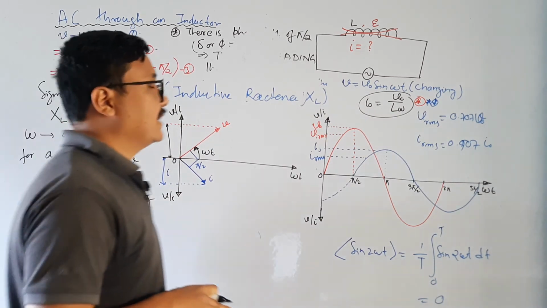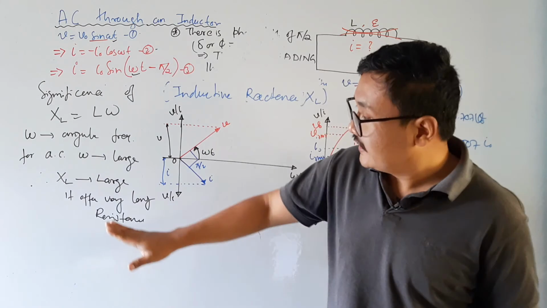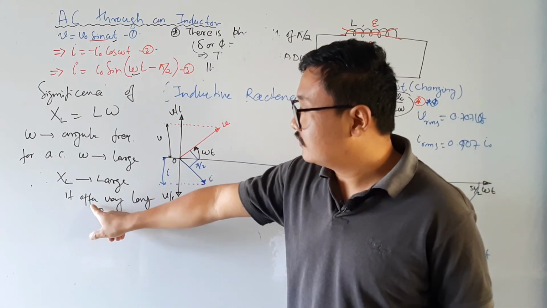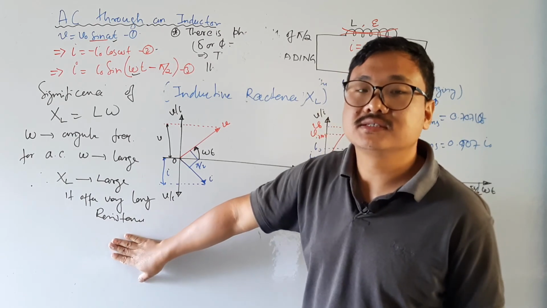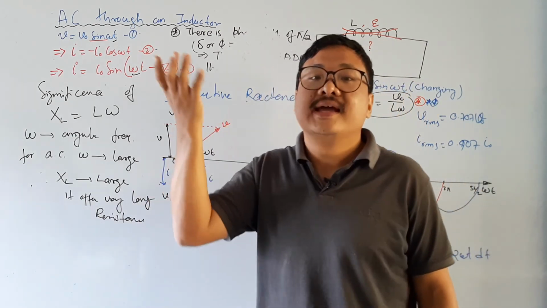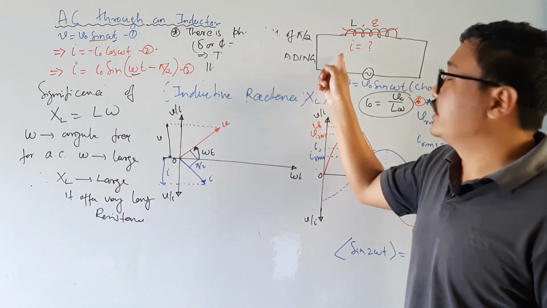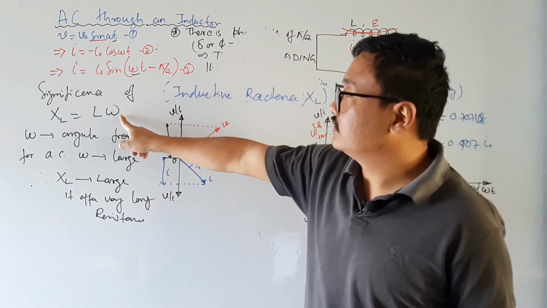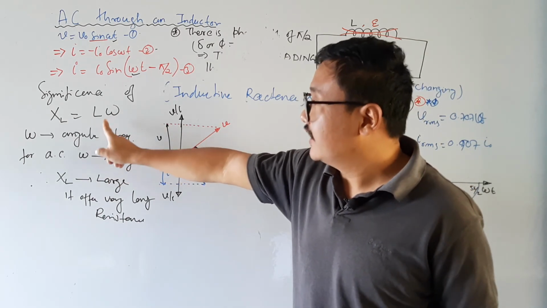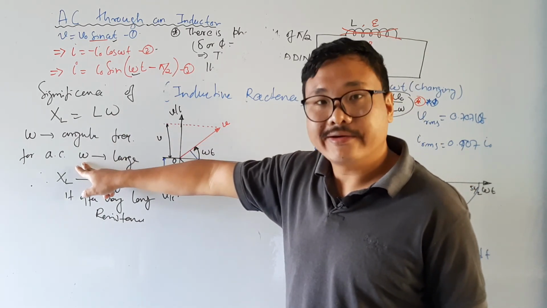Now whenever I apply AC to the inductor, it will offer large resistance. It means that the alternating current will not flow easily through the inductor, because angular frequency is large for alternating current.